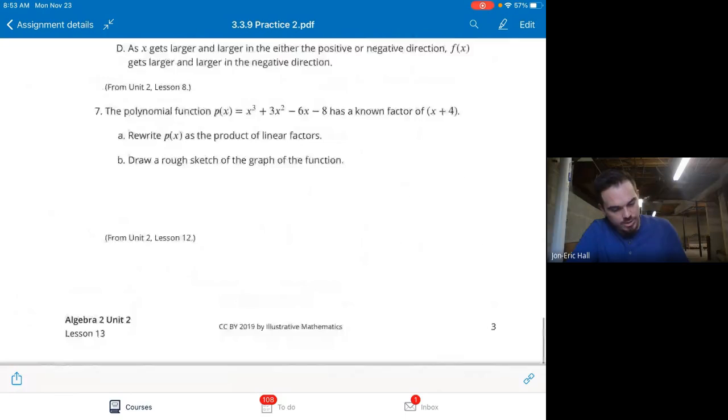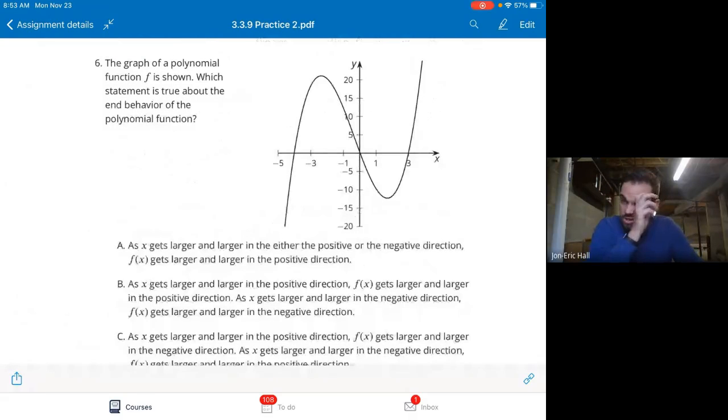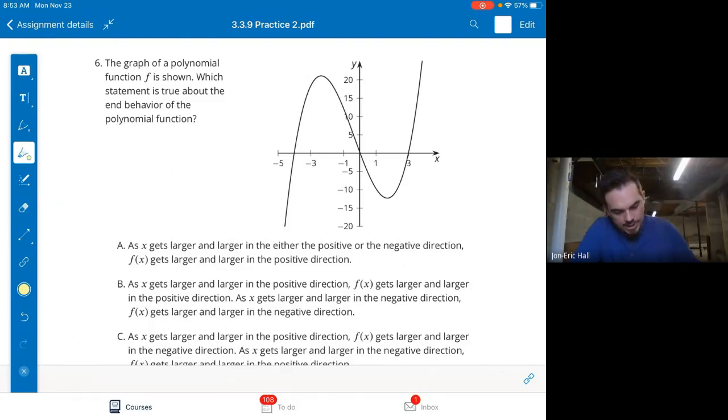We're almost done here, so I guess I'll go ahead and just do the last two with you, because a lot of this is review stuff that you might have already forgotten. Number 6 says the graph of a polynomial function f is shown. Which statement is true about the end behavior? So first of all, we know it's an odd power because odd goes in opposite directions. And if you're looking at this, I'll highlight the parts that I'm talking about, those are the end behavior pieces.